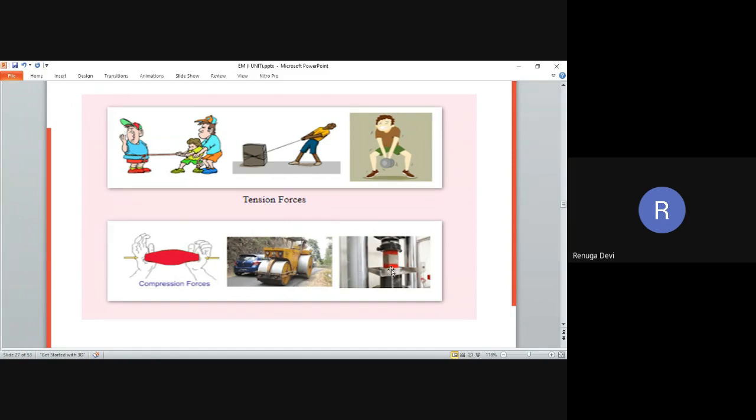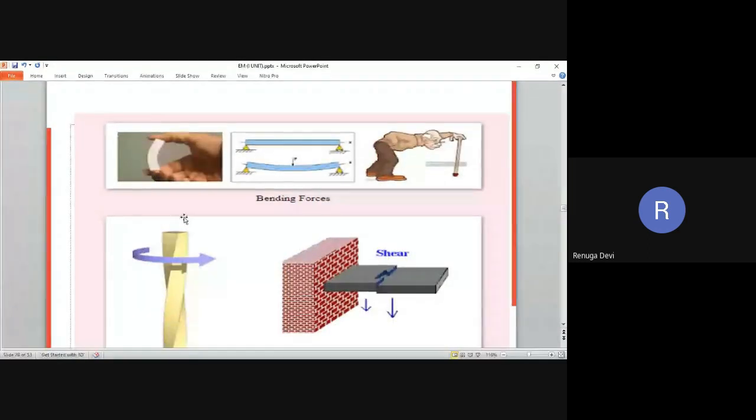You just see that this is a pulling force, tension force, and this is tension force again, and this is a compressive force, and here compressive force, and this is also compressive force. These are examples for tension and compressive forces. Next, shear force and bending force. You just see that this is a bending force. Bending force means one side takes the expansion, another side takes the compression. You just see here the bottom of the beam takes the expansion and the top takes the compression.